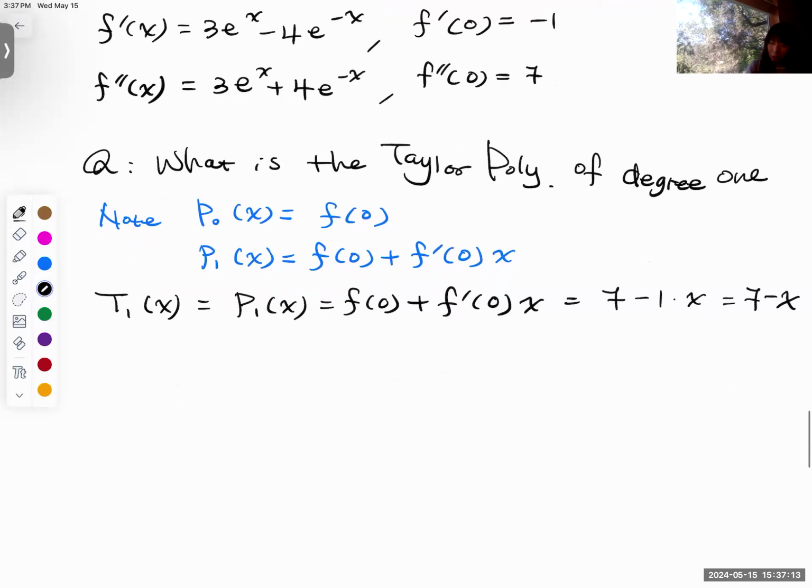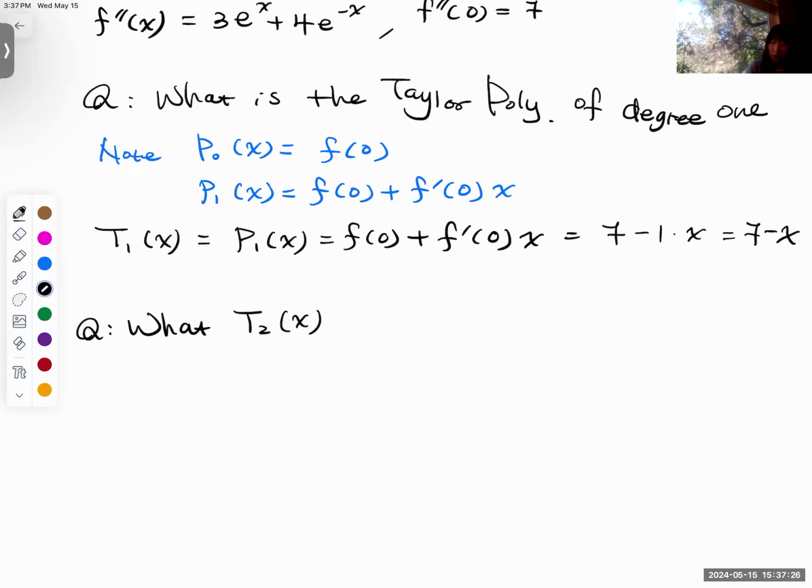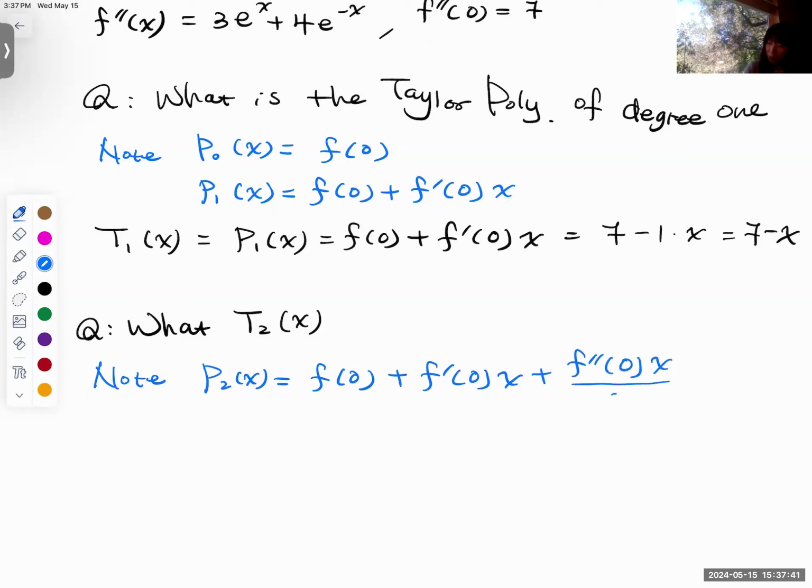Now, they say what's the T sub 2 of x? So the Taylor polynomial of degree 2, right? Then that will be P sub 2 of x, which is f of 0 plus f prime of 0 times x plus f second prime of 0 times x squared over 2 factorial, right?